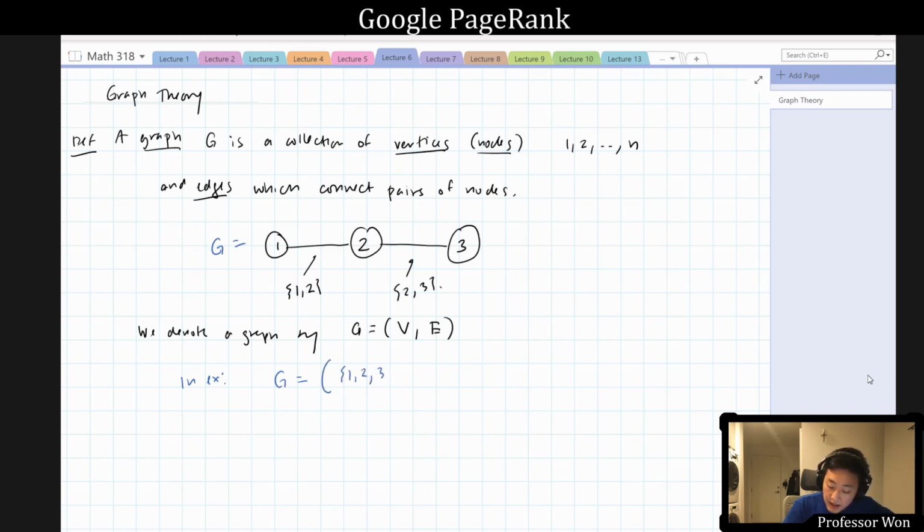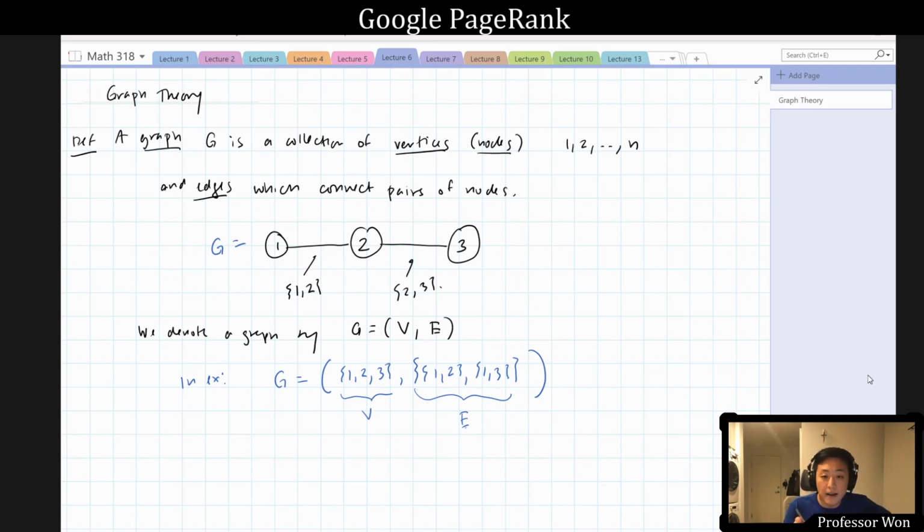So this says that it's a graph on 3 vertices, 1, 2, and 3. And then I'll list all of the edges in my graph, as a set, of course. So this is the set of vertices, this is the set of edges. Given any graph, you can write it down in this way. This encodes all the data of the graph. Here are the vertices, here are all the edges in the graph.